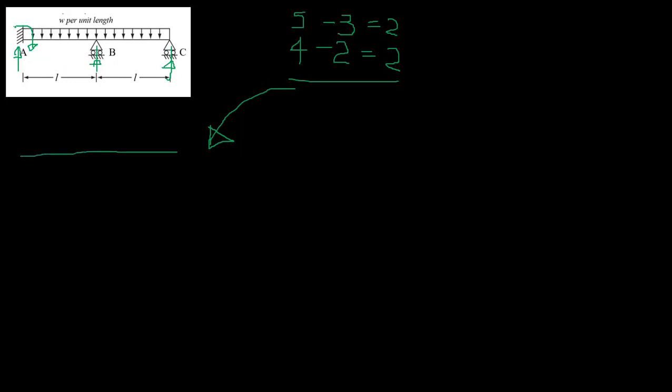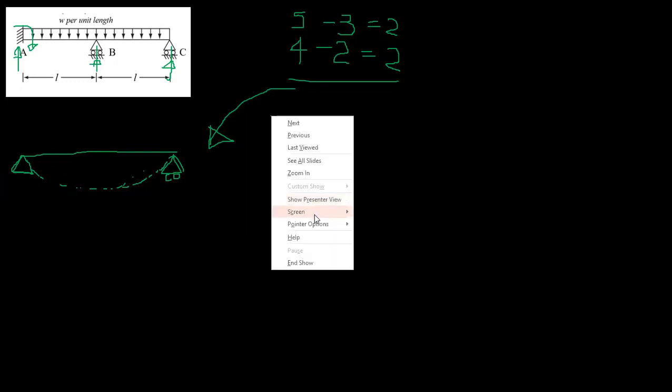If you remove MA, it can't restrain moments, so it becomes simply supported, right? If you remove BB, there's no support here, it's also simply supported, right? So this is stable and determinate. Now you can solve this, but it's not the actual structure, right? So we have to do some modification.